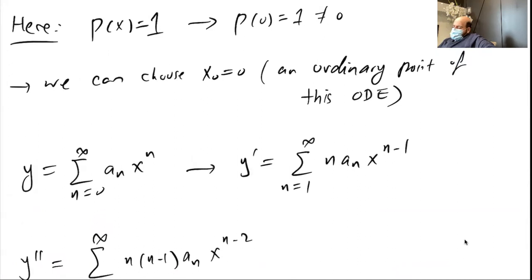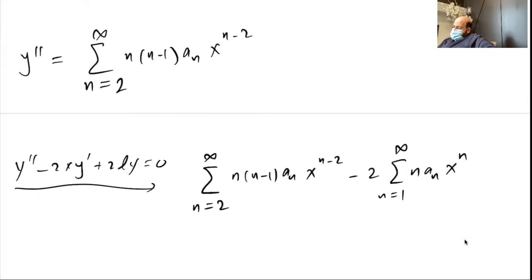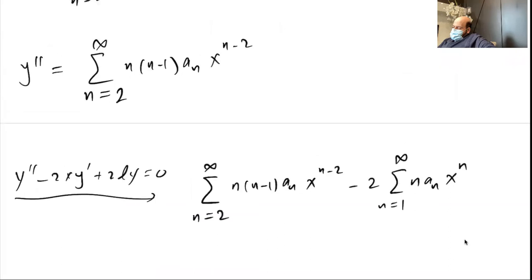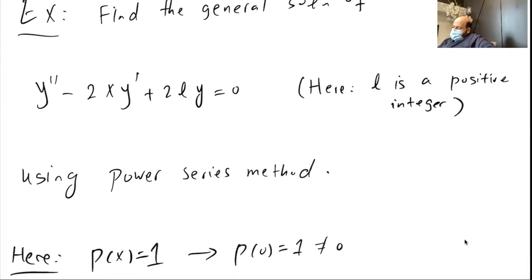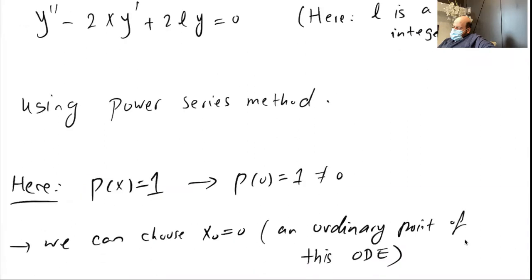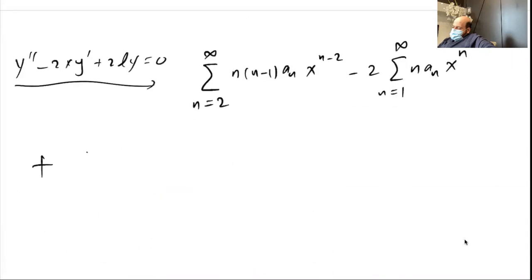Then plus 2ly. This is y, so I just need to multiply it with 2l. So plus sigma 2l a n x to the power n, from 0 to infinity, equals 0.